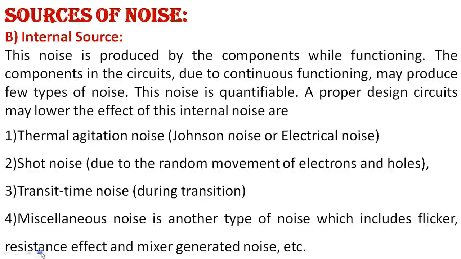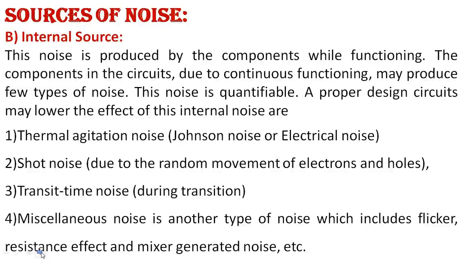This noise is produced by the components while functioning. The components in the circuits, due to continuous functioning, may produce a few types of noise. This noise is quantifiable. A proper circuit design may lower the effect of the internal noise. First one is the thermal agitation noise, that is the Johnson or electrical noise.